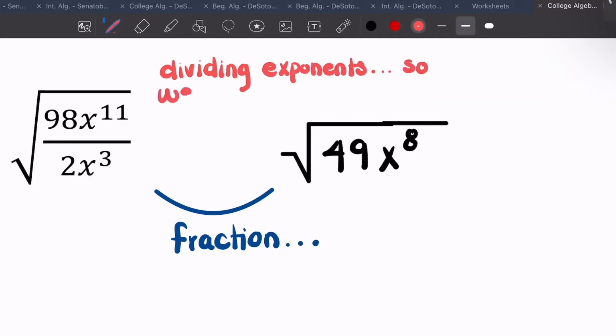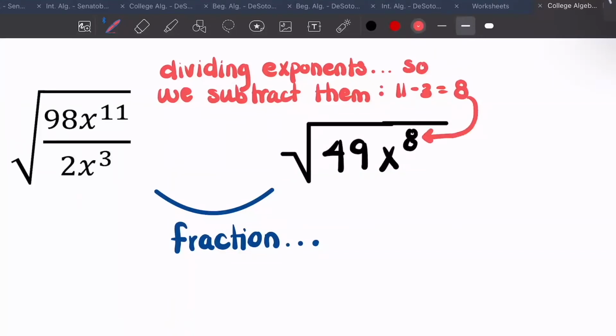So we subtract. Okay, so we said 11 minus 3, and we got 8 right there. All right, but we didn't touch our square root, okay?